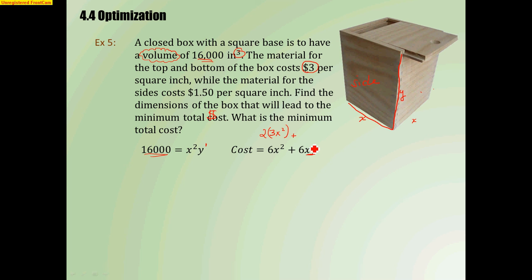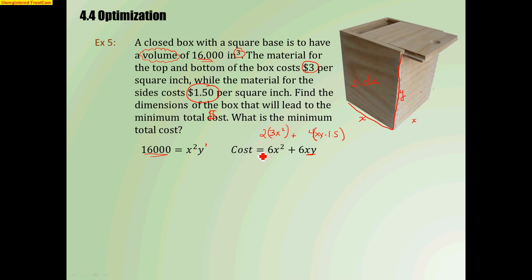Well, I have 4 xy's. So how come that's a 6? Oh, I forgot the cost this time: $1.50 for the sides. I have 4 sides, but each side costs $1.50. So 4 times 1.5 times xy, there's my 6xy. So that's how I built this equation.